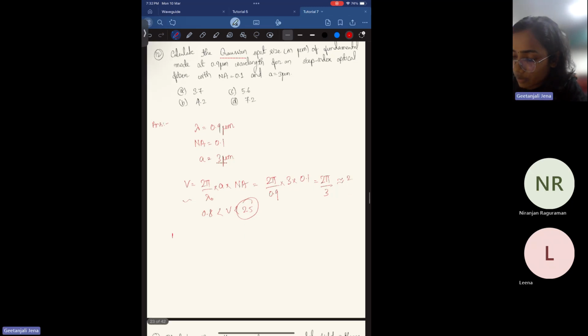So we have W by a is, yes, V is 2.09. Correct. So W by a should be 0.65 plus 1.619 over V to the power 3 by 2 plus 2.879 over V to the power 6.